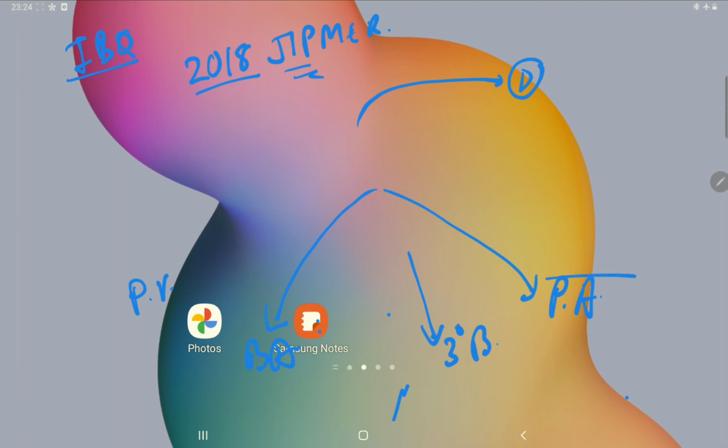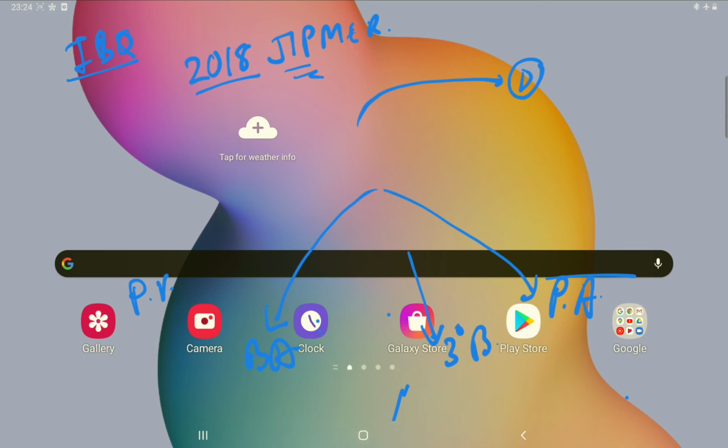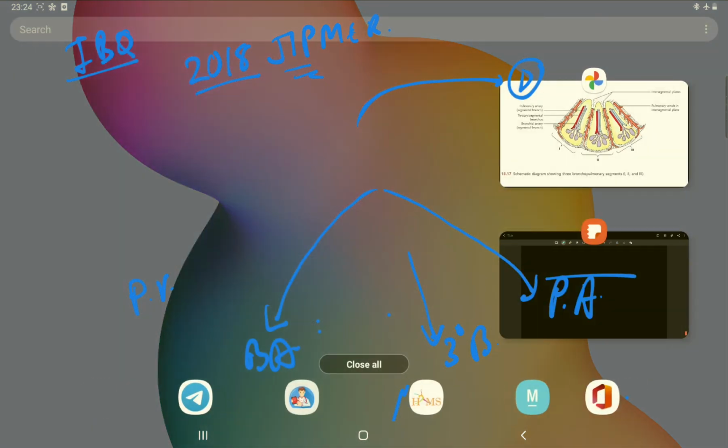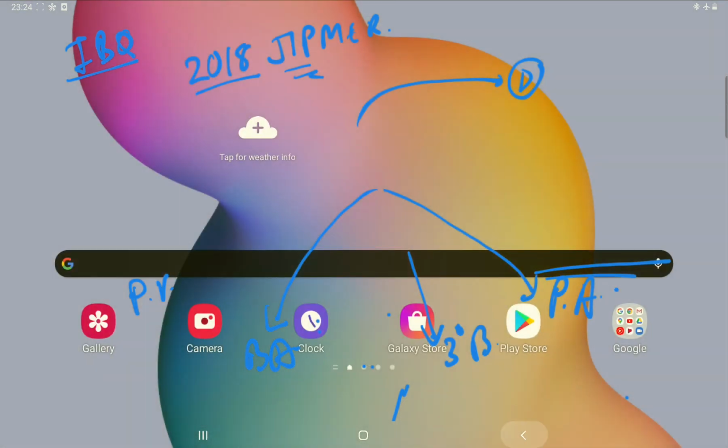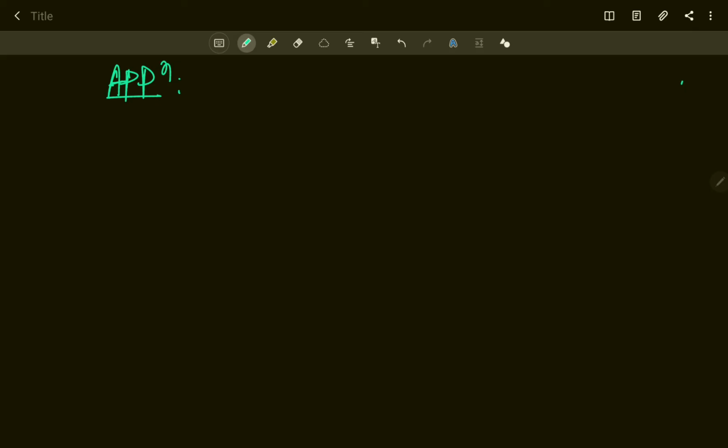So now let's come back to the note. Now the application of these bronchopulmonary segments.